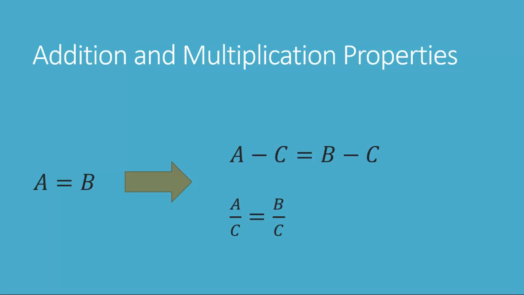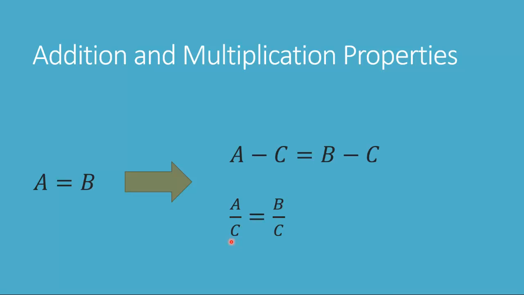We can divide by some number c and the equality will still hold. Of course, you also have to be careful that c cannot be 0. Obviously, we cannot divide by 0. So if c is 0, we've got a large problem, and that's something that just can't happen.